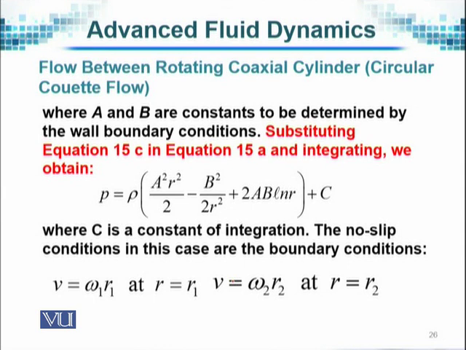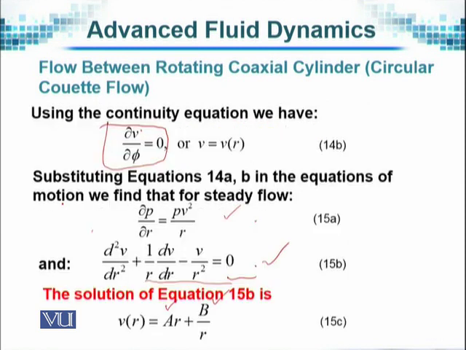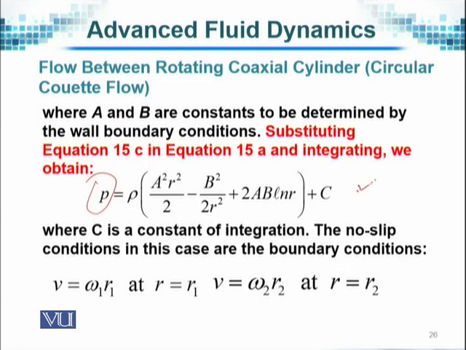To determine the values of A and B, we can find out the value of P that we have calculated earlier in terms of the equation that we have just obtained here. So we can find out the value of P.